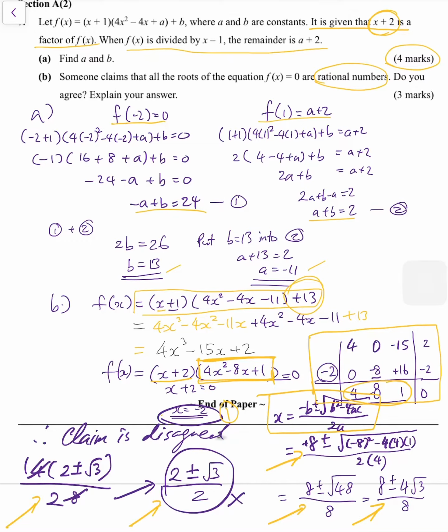Okay, so if you don't know how you get the square root of 48 into 4 root 3, you need to look at Form 3 stuff. We learned about surd forms. Basically, 48 can be broken down into 4 times 4 times 3, because 4 times 4 is 16, times 3 is 48.